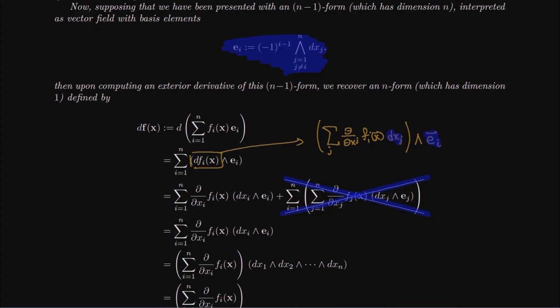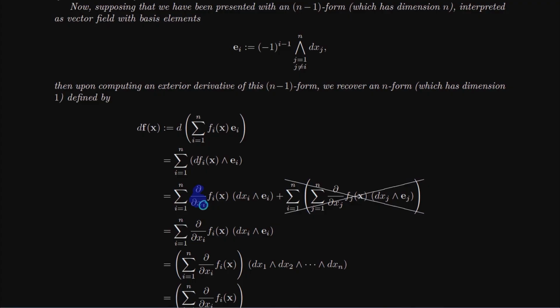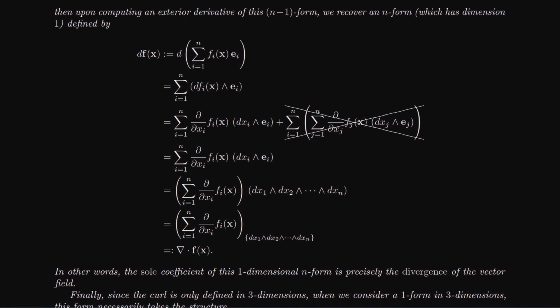So it turns out the only terms that survive this operation are exactly the terms that have partial xi, because we specifically omitted the i differential from that specific ei. And so that one survives. You get a dxi wedge ei. And in fact, you have a sum of all these because you can sum from i equals 1 to n. And now what happens is that all of these wedges contain exactly one copy of each direction.